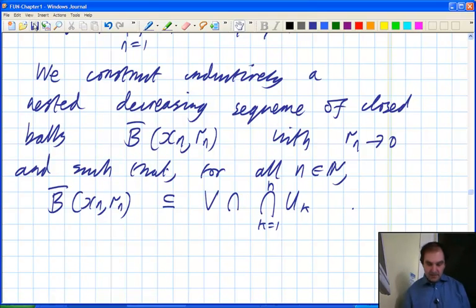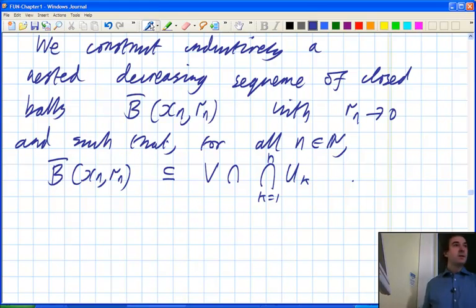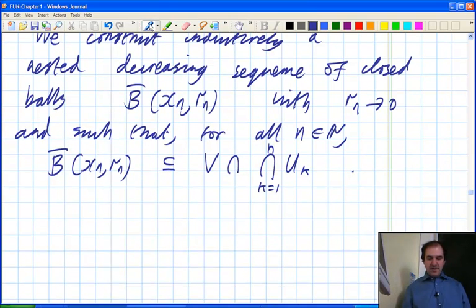So let's see how you do that. Right. Well, once we've done that, the rest will be easy because we'll apply the lemma. And the point you get at the end will be in V intersection the whole thing. Well, how do we start?